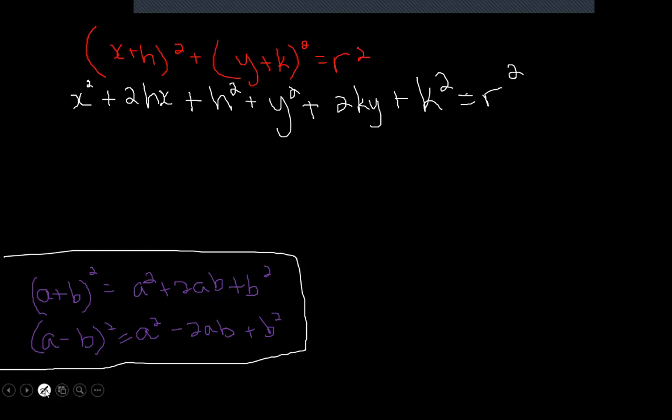Now I could rearrange these terms. So I could write it as x squared plus y squared, plus 2hx, plus 2ky, plus h squared plus k squared. Let me cross it off as I go.